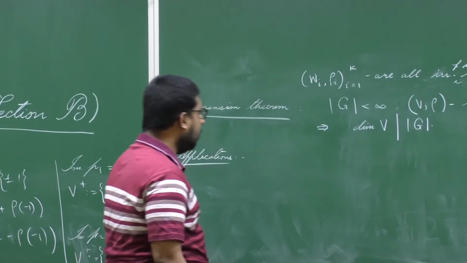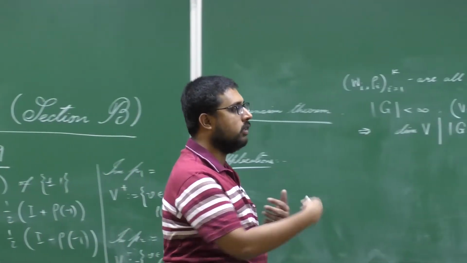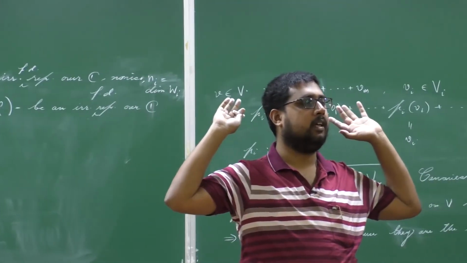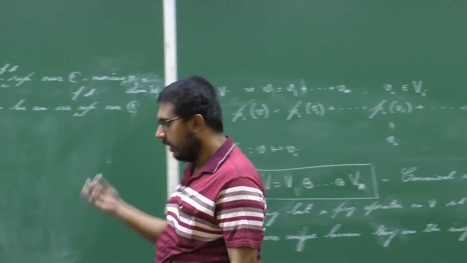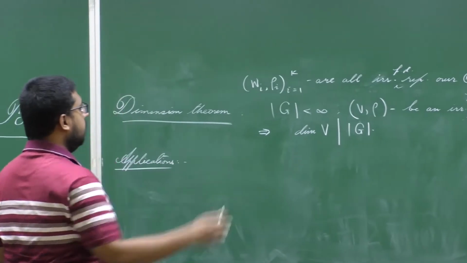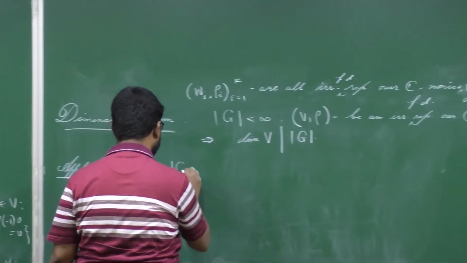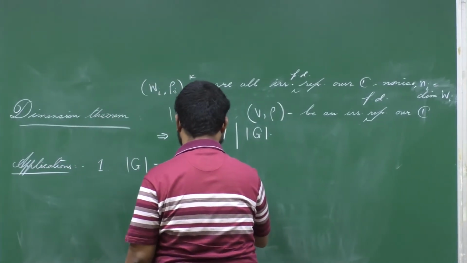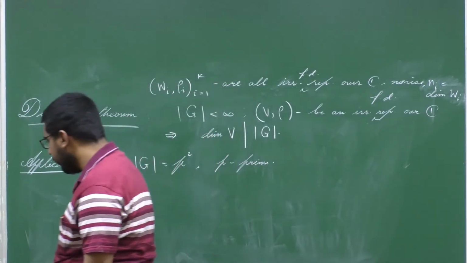And if you have knowledge of all the irreducible representations of a group, then we can actually study any given representation, because any given representation is a direct sum of the irreducible ones. So first let me talk about the case when the order of G is p squared, where p is a prime.